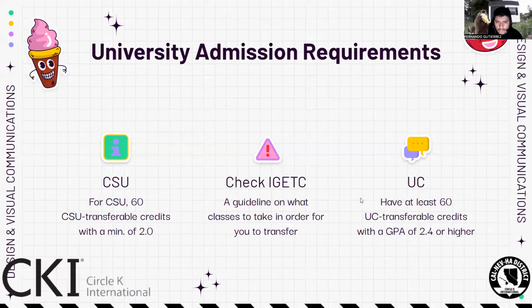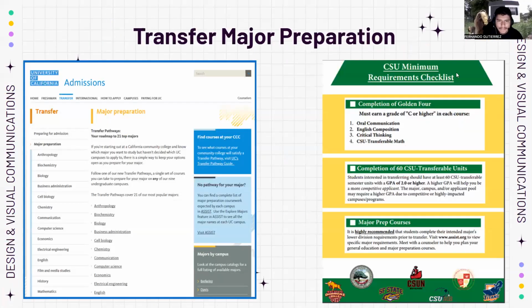And so for instance, you could check out the UC admission website. You could check out the transfer pathways and whatnot. You get to see what courses you want to take, and also the CSU minimum requirements that are listed right here on the right side.